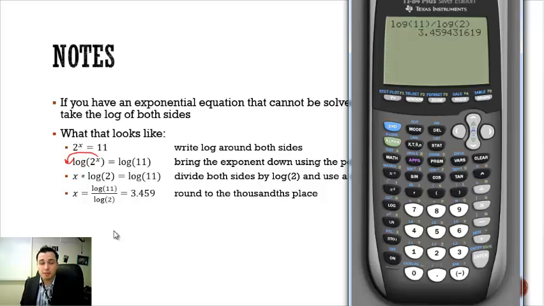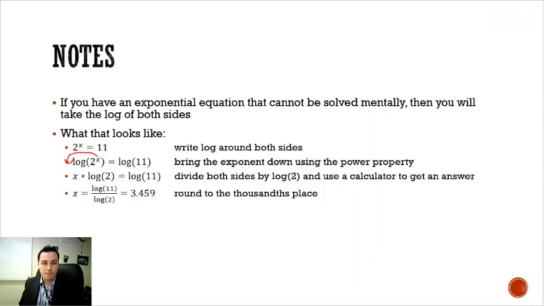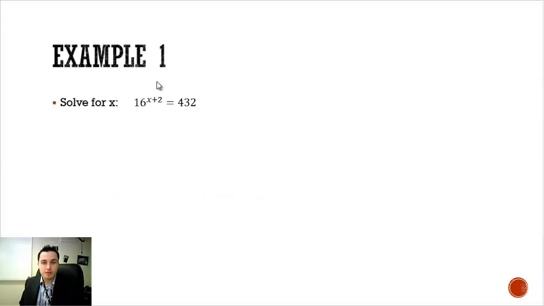And that was it. I can make these problems harder or simpler just depending on how much extra stuff I put in the problem to solve. So here's one with maybe a little bit more steps to it. First of all, I don't know of any power 16 to whatever gets me to 432. So what we're going to do is just take the log of both sides. I'm going to write log of this side equals log of 432.